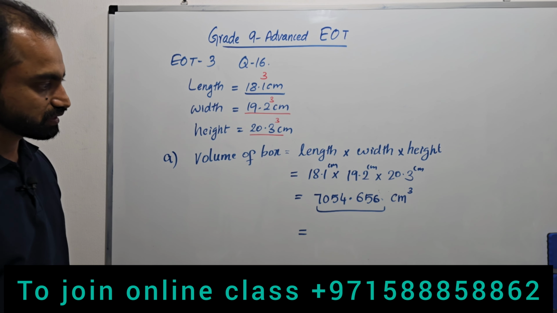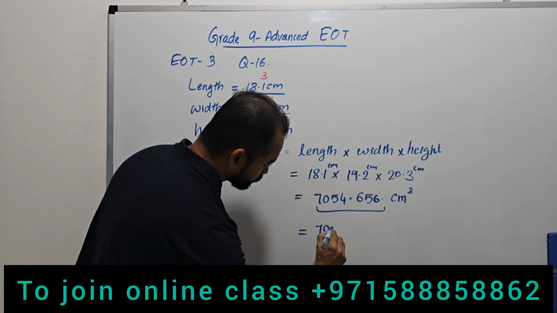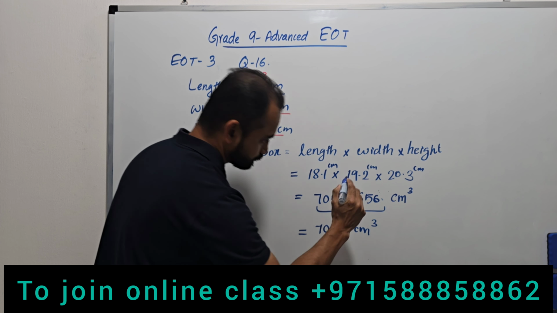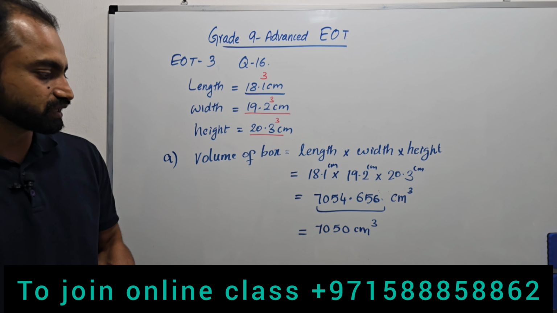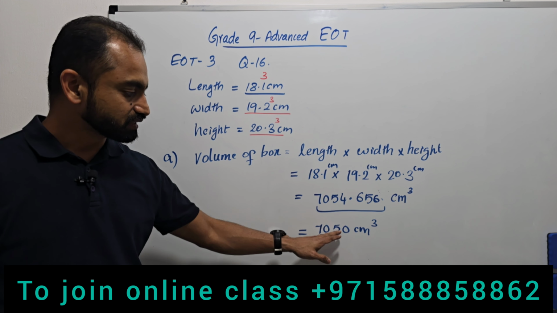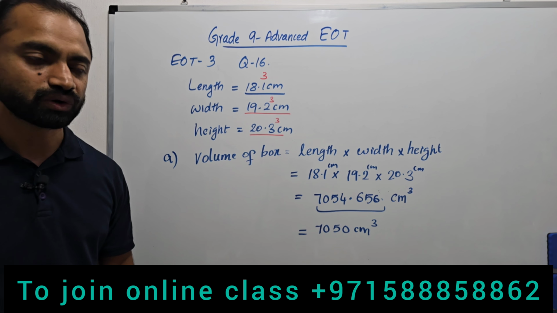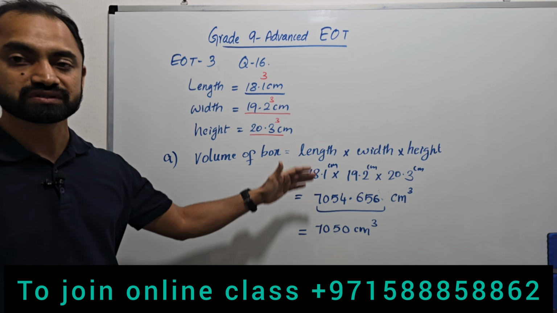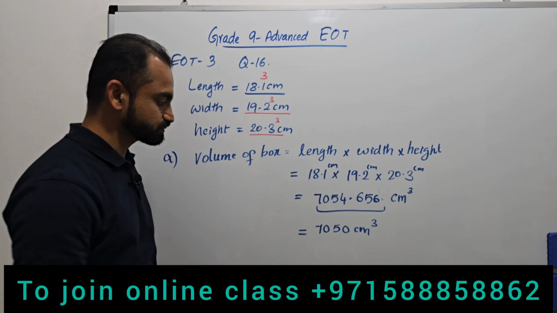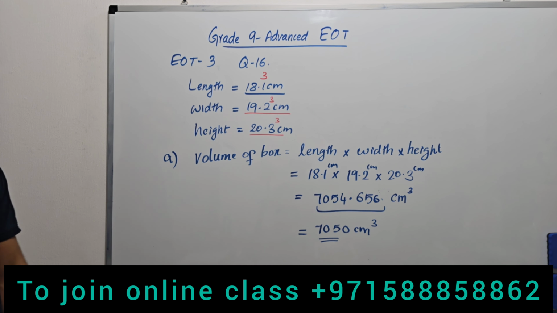We can write 7050 centimeter cube. If you write 7050, this is a whole number and the last zeros are not counted as significant figures in a whole number. That we will discuss in the next question, how to count the significant figures in a given number. Okay, so this is the answer.